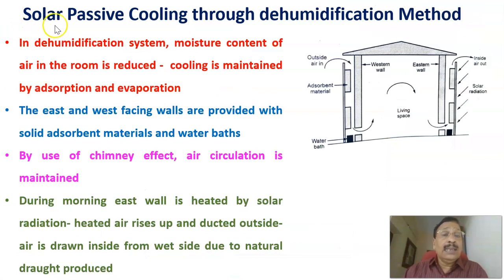Continuing the solar passive cooling, another method is the dehumidification method. In a dehumidification system, the moisture content of the air in the room is reduced. Cooling is maintained by absorption and evaporation. The east and west facing walls are provided with solid absorbent materials and water baths.